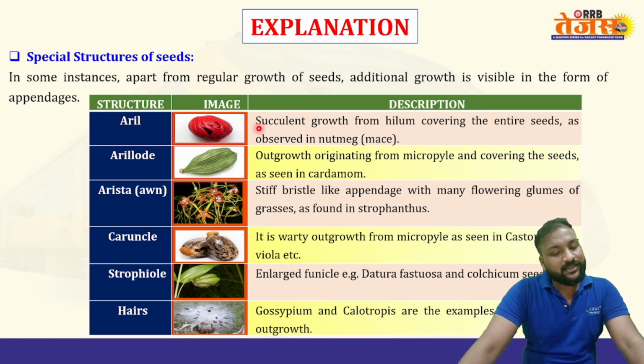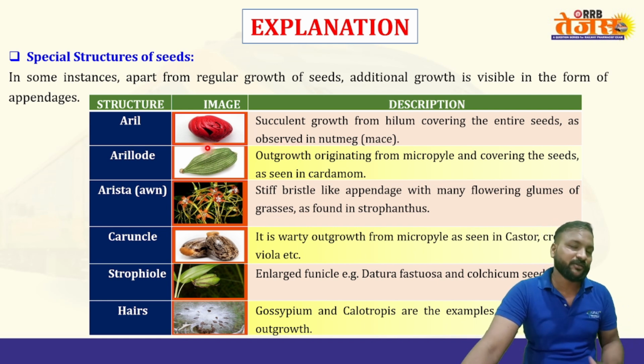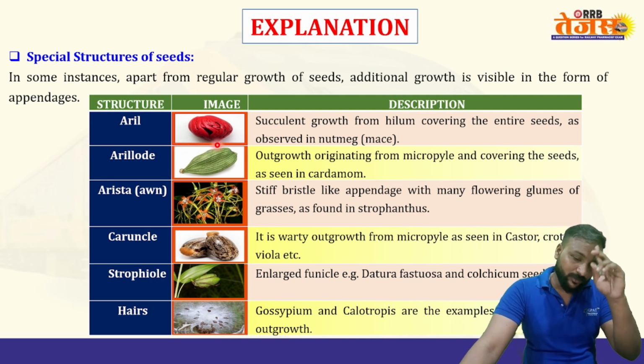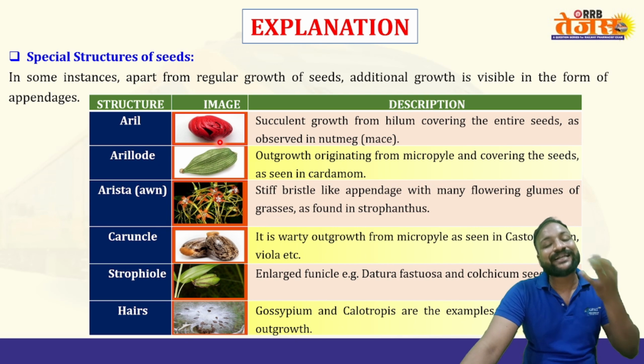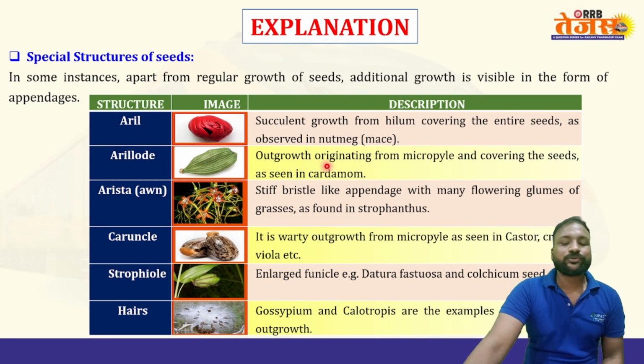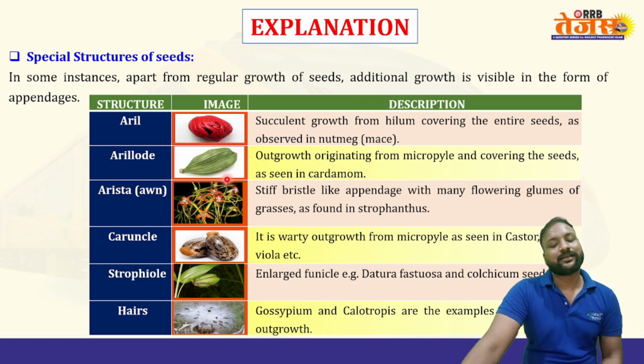So aril is a succulent outgrowth from the hilum covering the entire seed, as observed in nutmeg. We have observed nutmeg, right? We get that red colored outermost layer, which is known as aril. Whereas aryloid is an outgrowth originating from the micropyle and covering the seeds, as seen in cardamom.